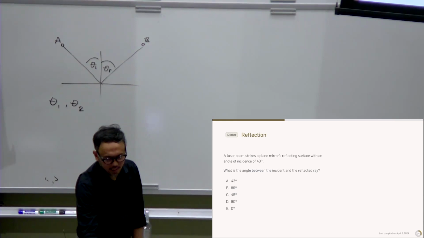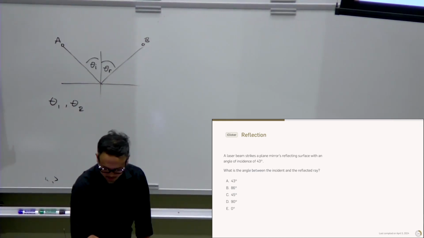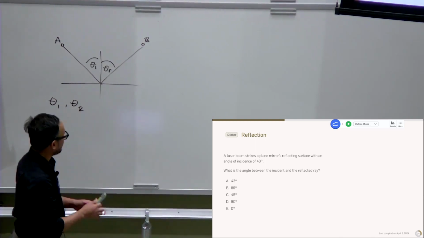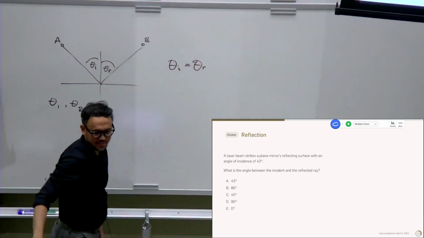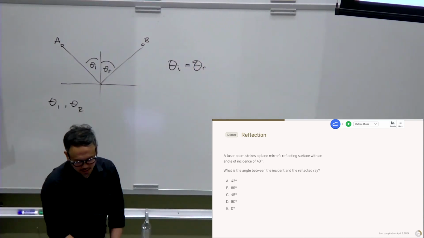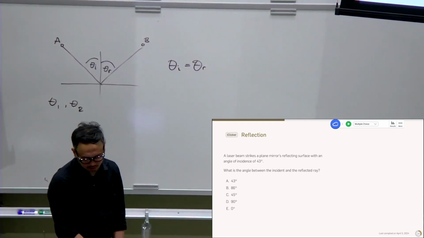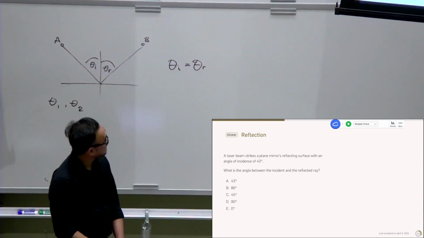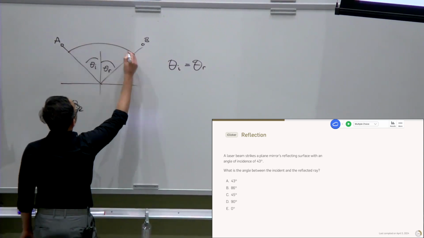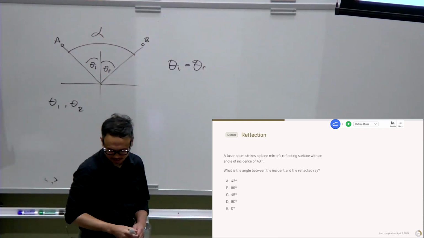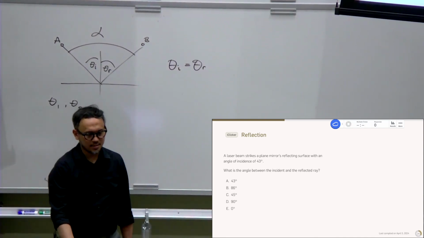I have this iClicker question again. It's really simple. A laser beam strikes a plane mirror's reflecting surface with an angle of incidence of 43 degrees. What is the angle between the incident and the reflected ray, which is this angle here? Let's spend 30 seconds.